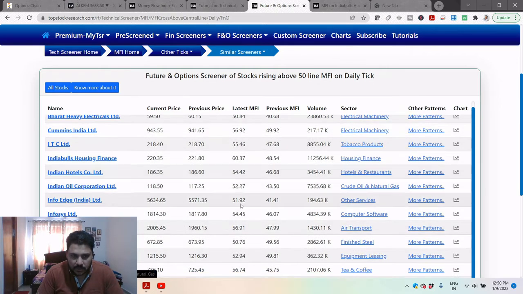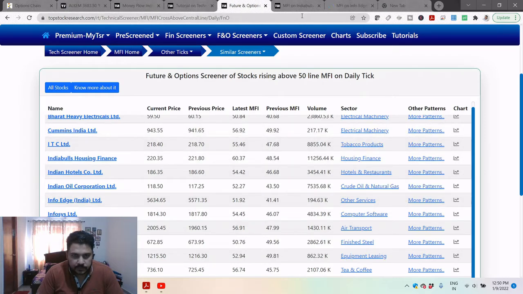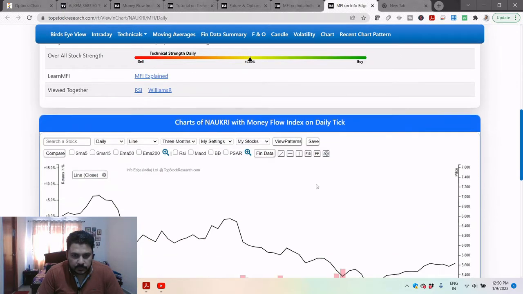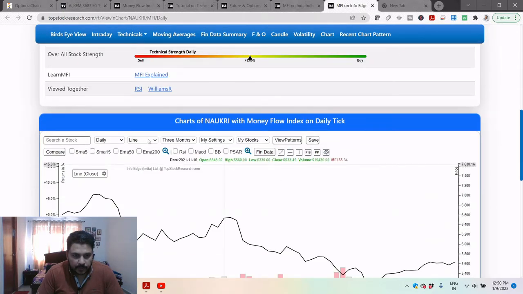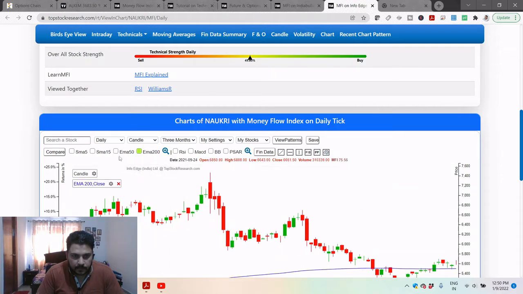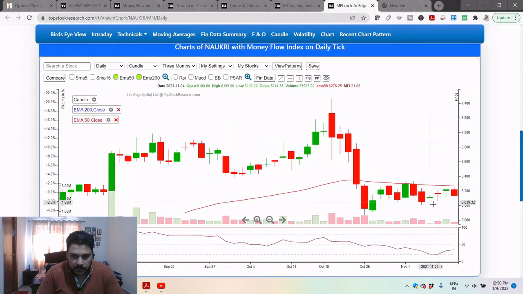So like this, you need to identify a number of stocks. Let's look at Info Edge. Info Edge is also at 50.